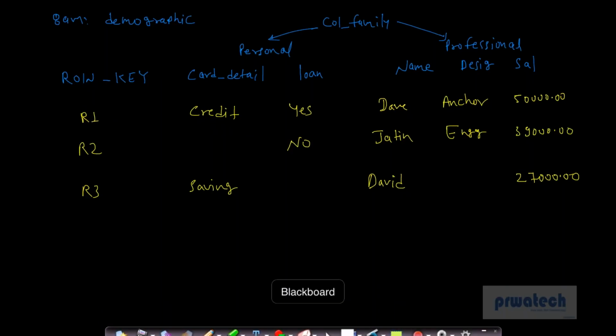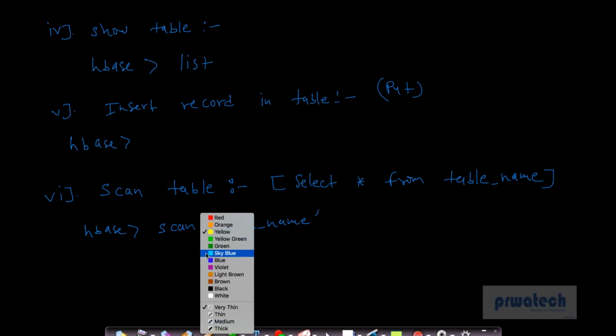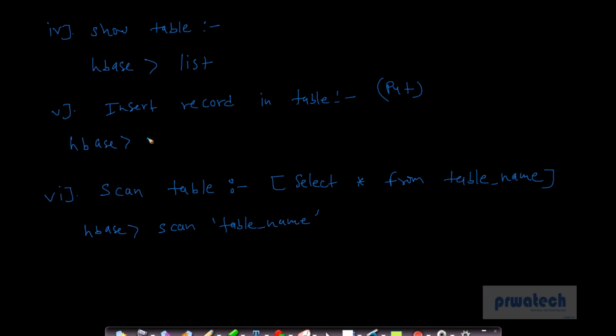So here we are only checking how our insert query will work. For insert query operation, you have written this. We write the query: put, table name, and we have to follow the syntax. Put table name, row key.